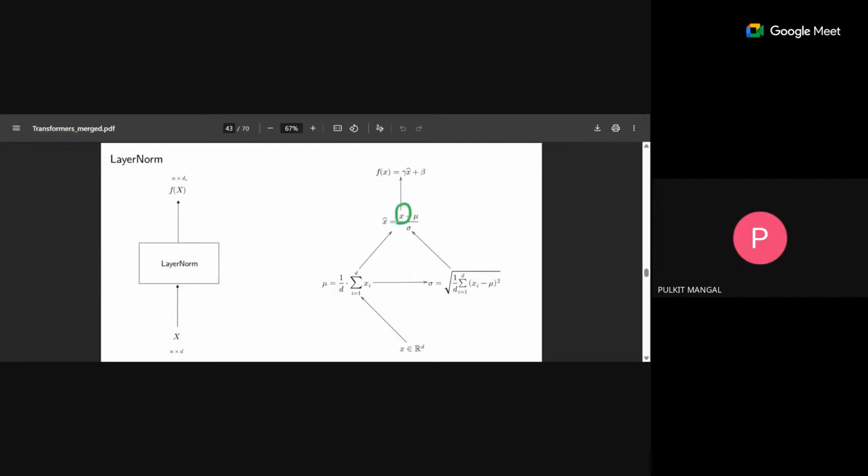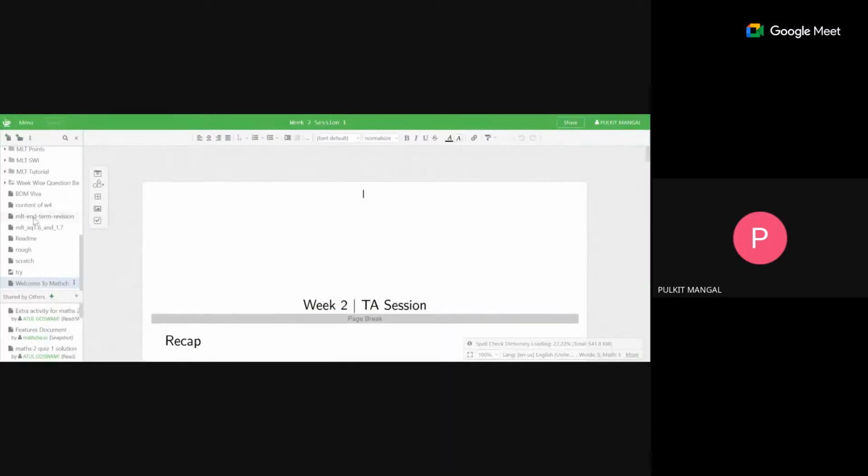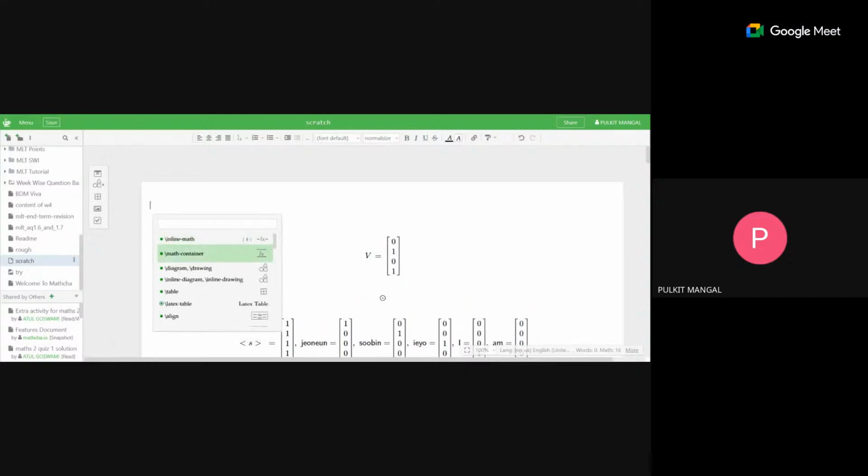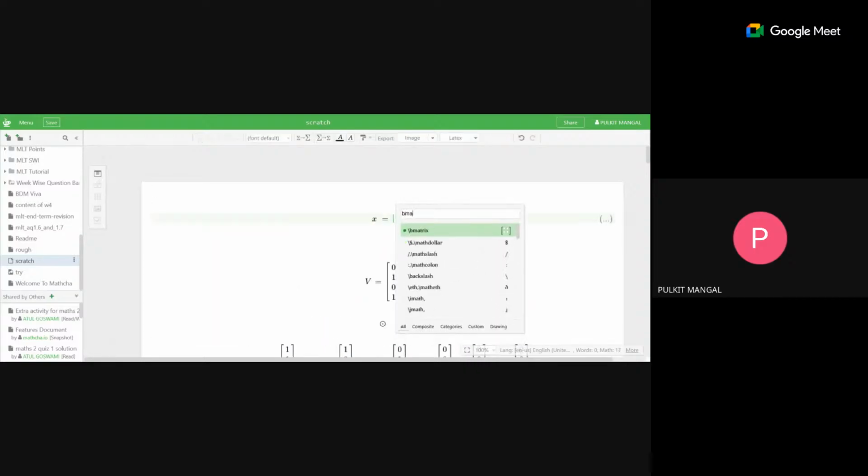For our input x, we find the mean and the standard deviation of it. How do we find the mean? Suppose your input is 1, 2, 3, and then the second row.